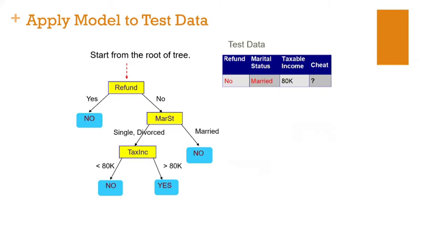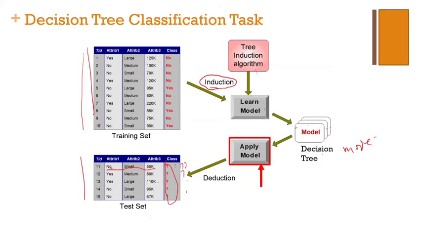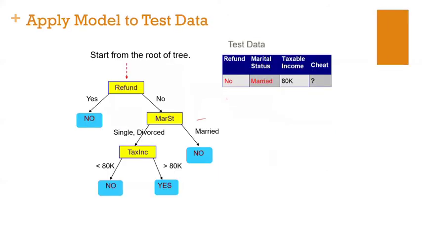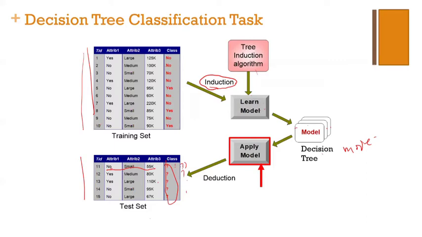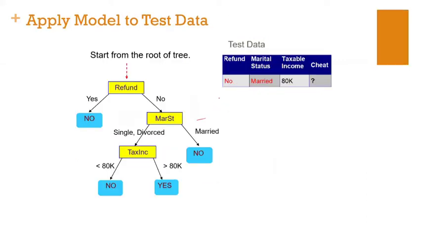Now, let us apply the model to a test data. Now, this is test data, which is, I think, number 1. Now we built the model already. So let us now use a test data to check the model we already built.